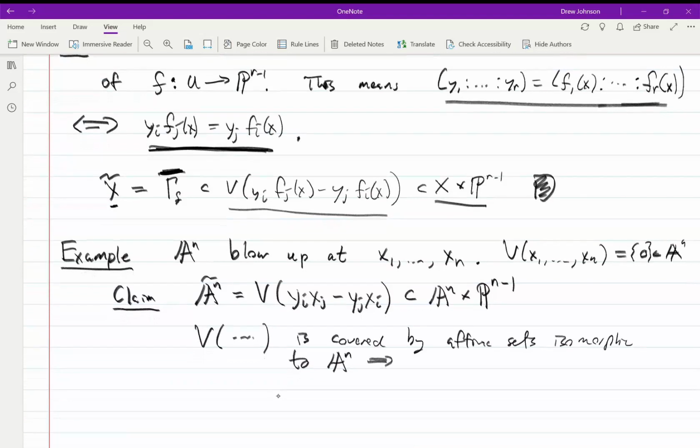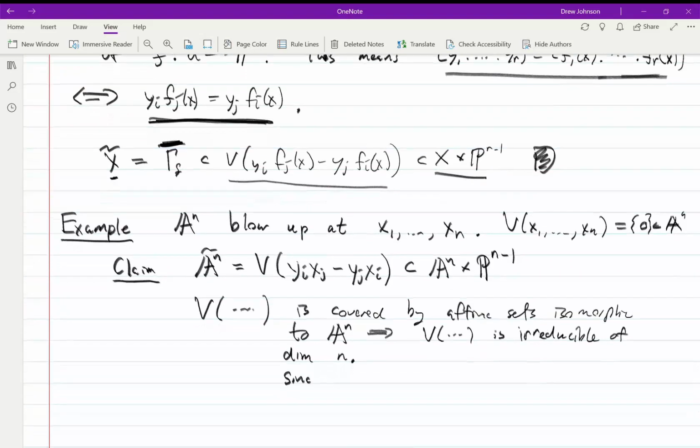And so you get that the vanishing locus is irreducible, of dimension n, since the blow up is also of dimension n.